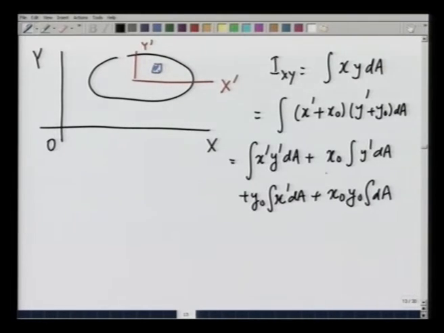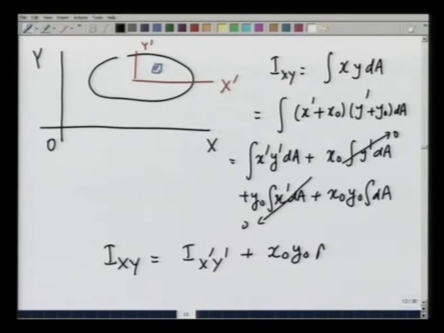Again by the arguments that we have used earlier, these two terms drop to 0, and therefore, I x y is equal to I x prime y prime plus x naught y naught times the whole area.